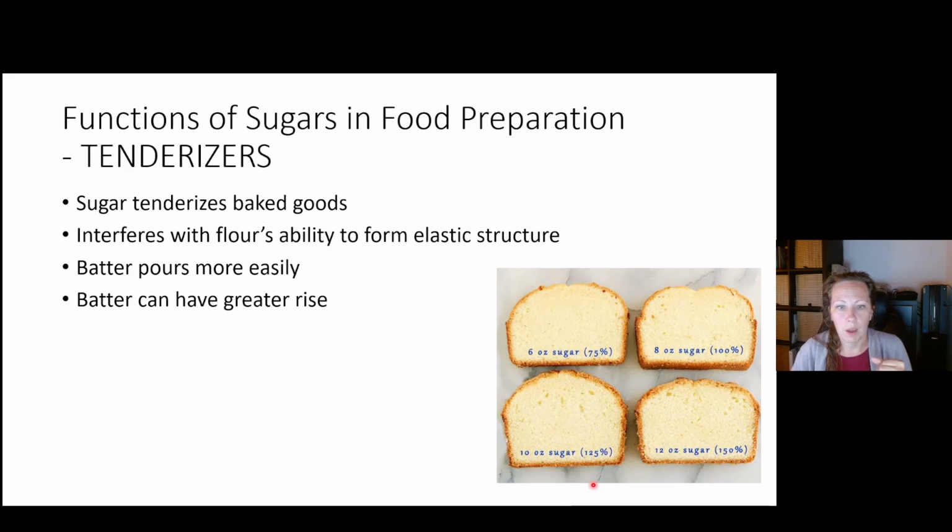But once they went over a certain point, and so they did 150% of the sugar called for in the recipe, they lost all of that benefit, and it collapsed enough that you ended up with a dense cake that, I mean, actually is pretty similar to the 6-ounce and 8-ounce sugar, but of course it's going to be sweeter.